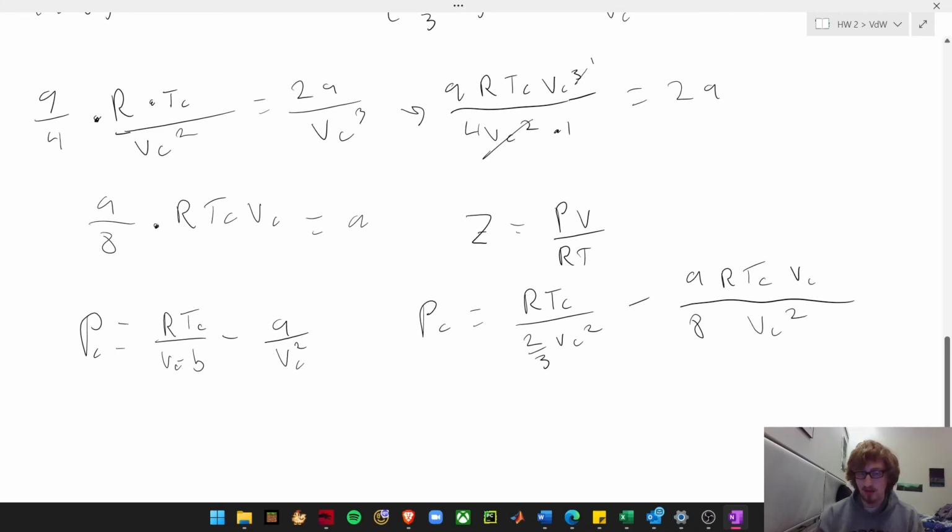And then we can see a lot of things are going to cancel here. So we'll actually clean this up. We'll see that this will cancel, and then this will be an exponent of 1.